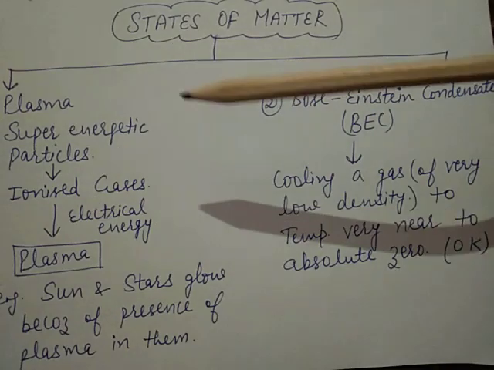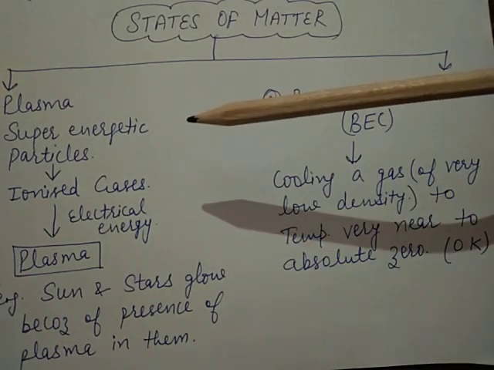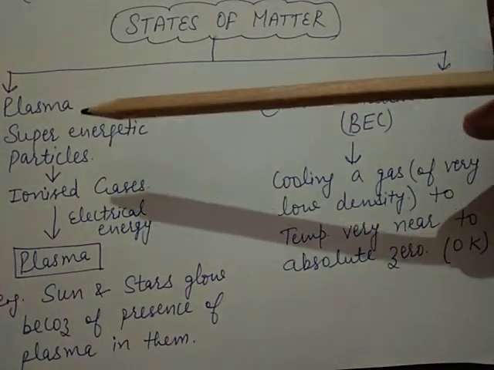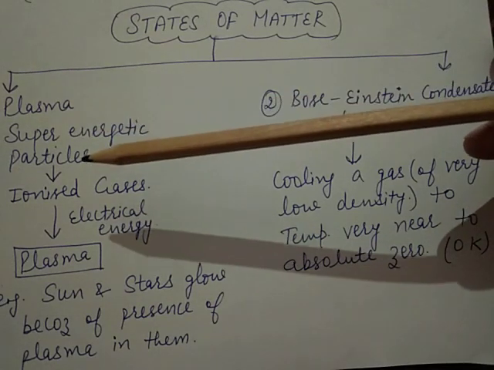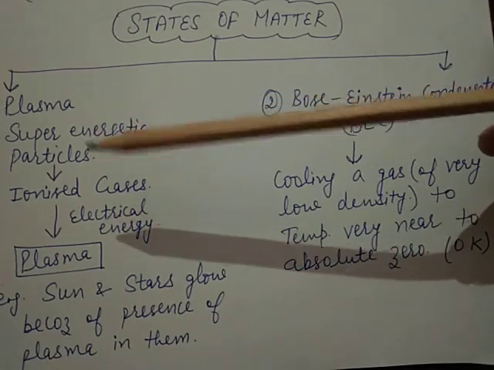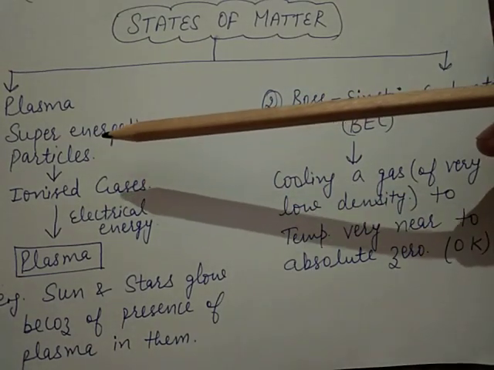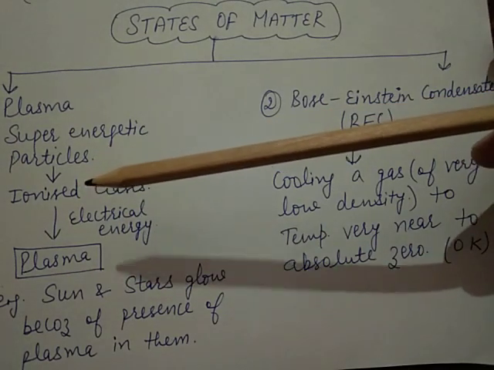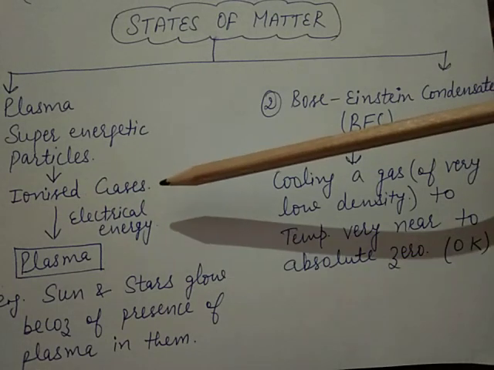These two states were discovered later. Plasma is the state which is made up of super energetic particles. It means these particles are present in the form of ionized gases.